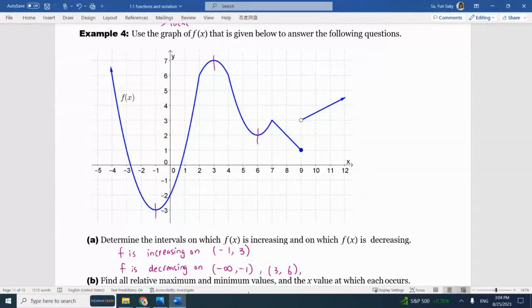Next, 7 to 9. Decreasing. Do you need a bracket at 9? No, just put parentheses. And finally, 9 to infinity. Increasing. Right, everybody? Good.